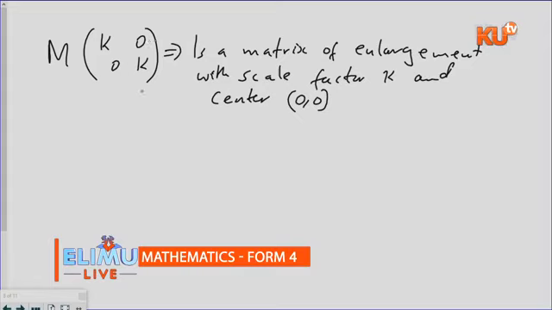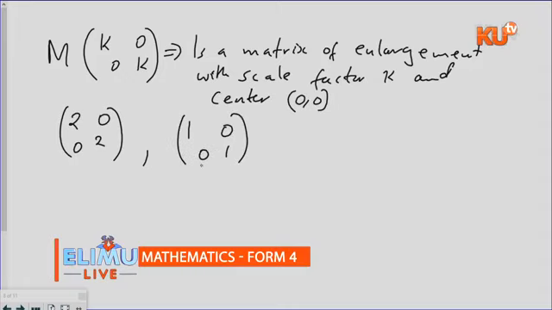represented by K, 0, 0, K. For example, if you find we have a matrix of this nature, 2, 0, 0, 2, then if you are describing this matrix, it's simply a matrix of enlargement, scale factor 2, and the center is 0, 0. If you have this matrix 1, 0, 0, 1, though this is an identity matrix, in terms of enlargement, this becomes a matrix of enlargement, scale factor 1, center 0, 0.